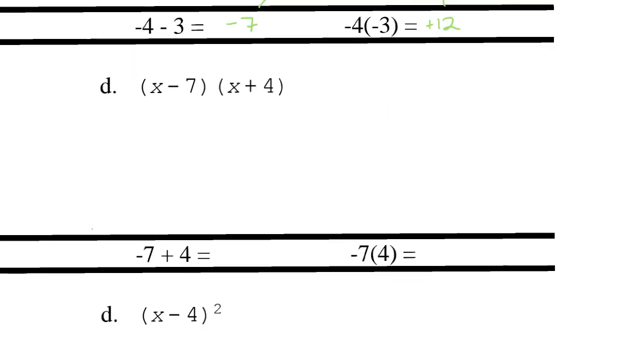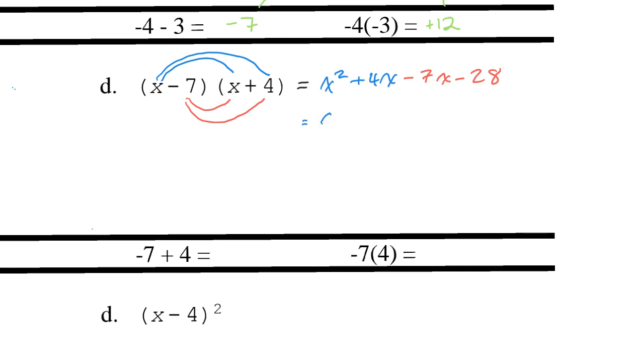Now for D, what happens when we multiply x minus 7 and then x plus 4? Let's see. So now we've got this times this and this times that. And then we're going to take this times this and this times that. So now multiplying through, this is what we get. And now we'll add all our terms.